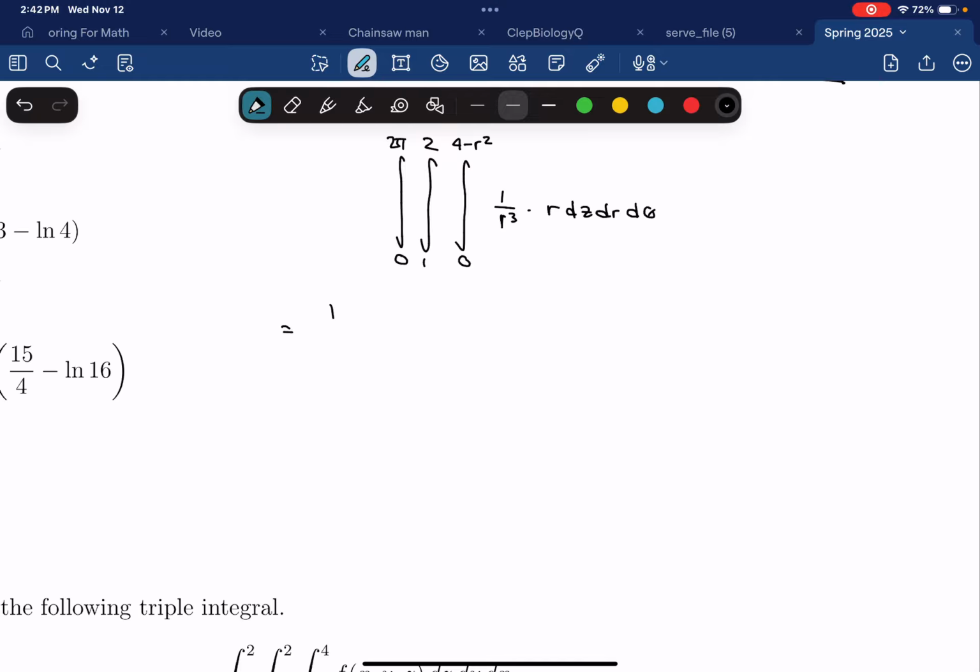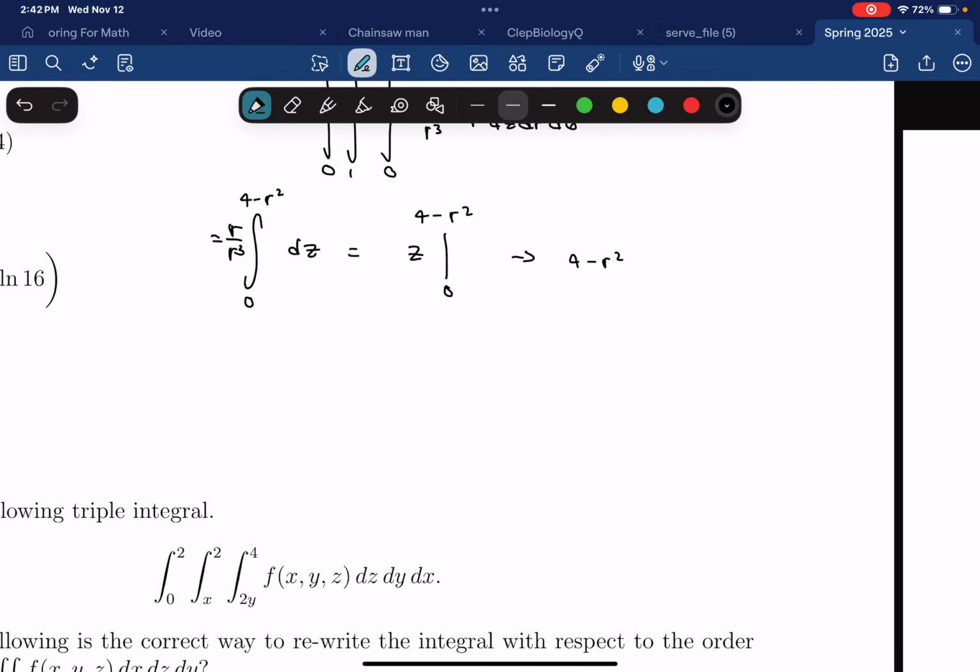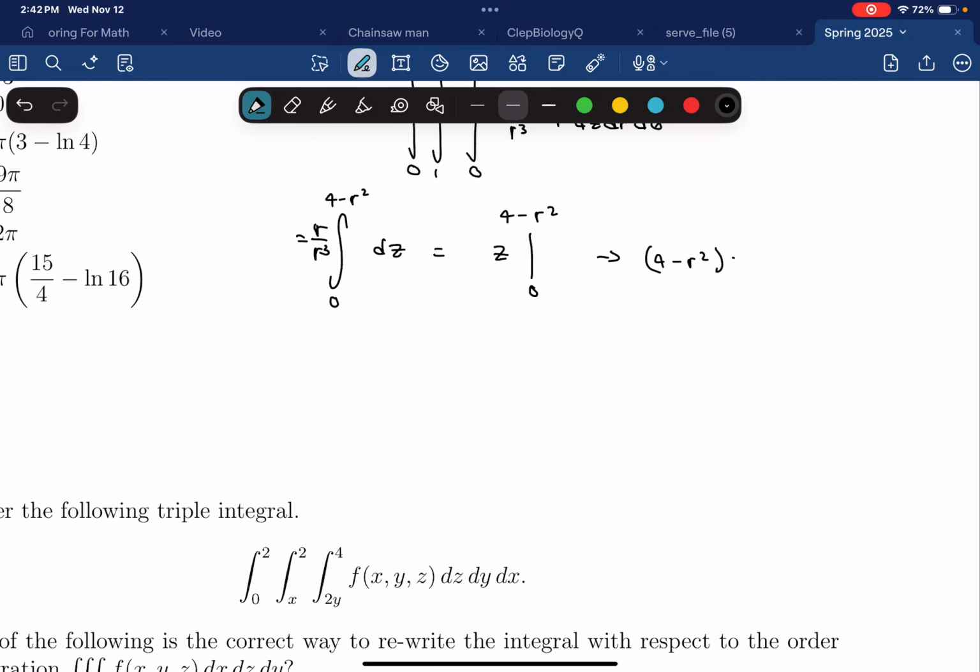Okay. So if we go from 0 to 4 minus r squared, I'm going to take this out. The integral of dz simply becomes z, from 4 minus r squared to 0, which just gets us 4 minus r squared. Now, when we multiply that times r over r cubed, that is just 1 over r squared.